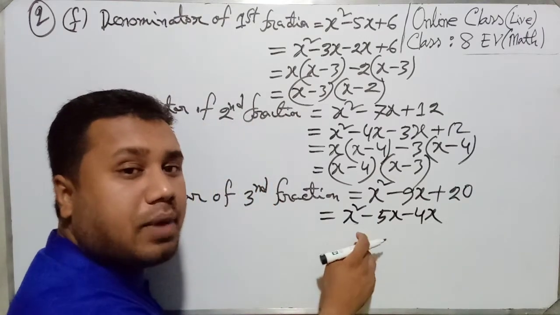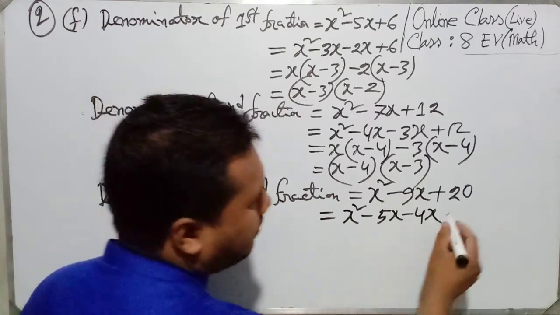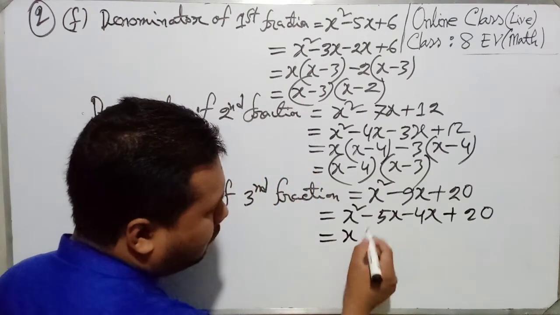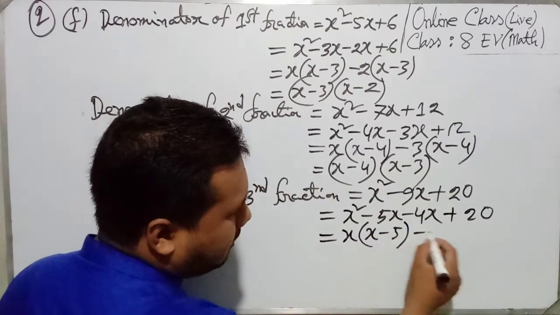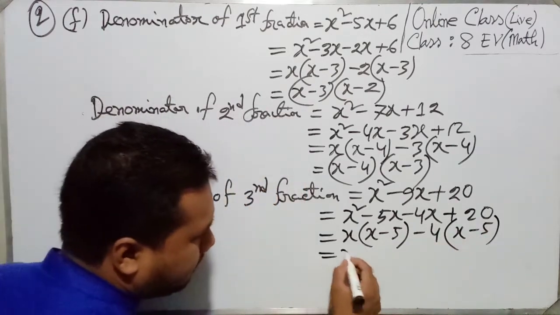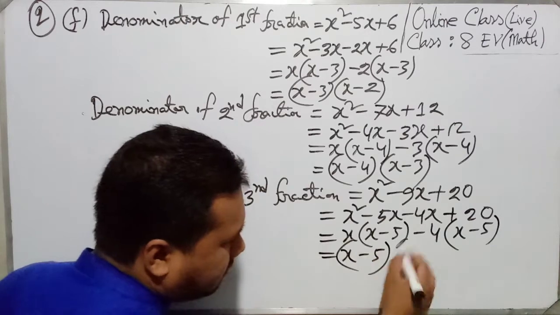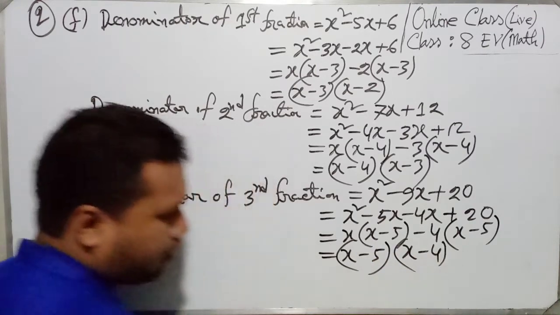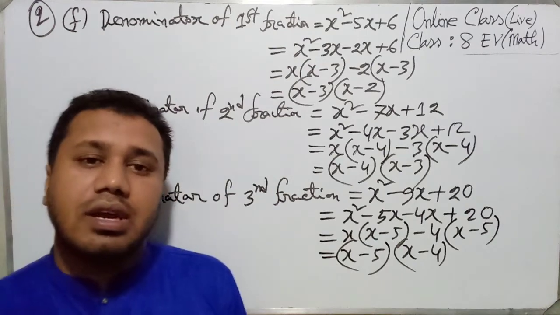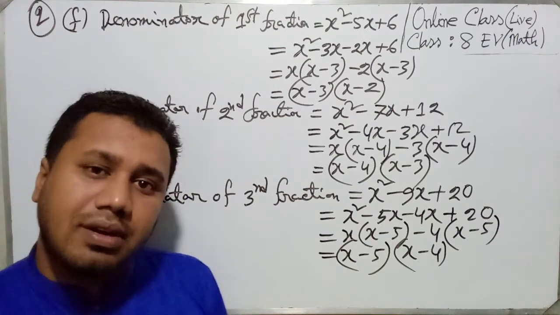Also you can write minus 4x minus 5x. No problem, because both are the same, both are negative. Now if we take x as common, it will be x minus 5, minus 4 as common, x minus 5. Now if x minus 5 is common, it will be x minus 4. So this is our factorization of these three denominators of the fractions.